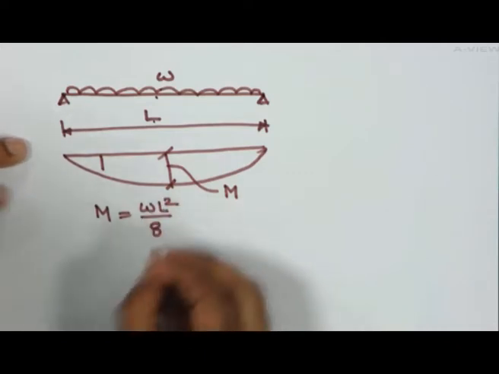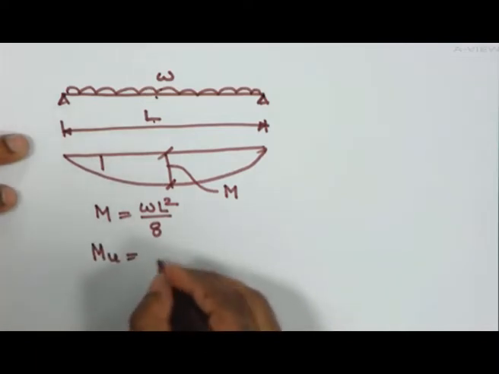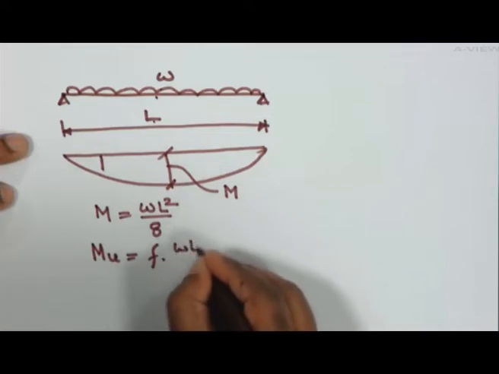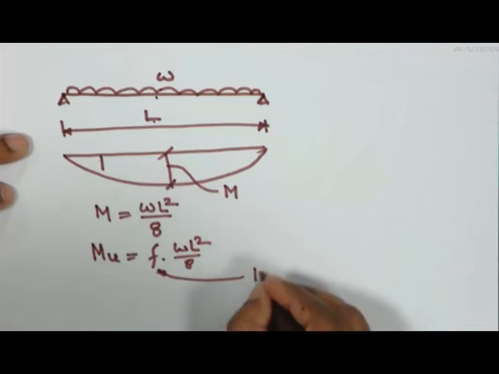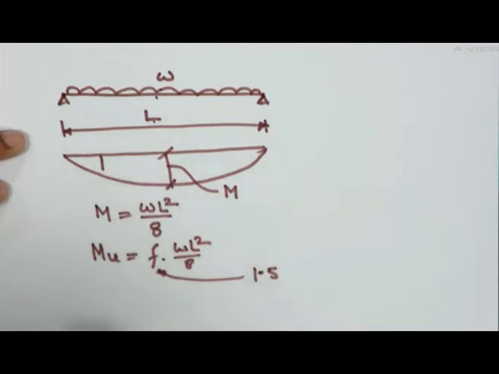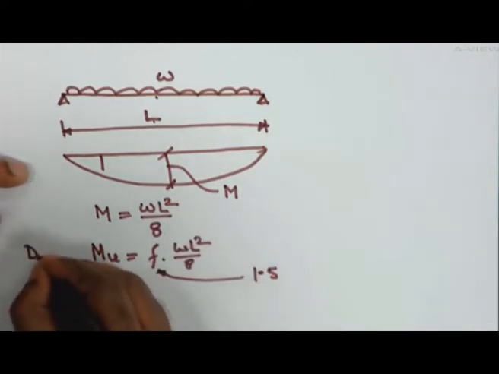Now I would like to find out Mu, which will be a certain factor multiplied by again WL square by 8, and this one we generally take 1.5. This is the value we take, 1.5 here, and this is called design moment.